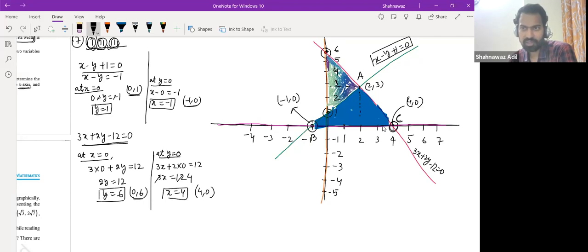Yes, Rifa, is this clear? Yes, it is clear. Just one second. I can't see the screen. So you cannot see the screen. Right now, just one second, I will rejoin, because your internet is slow.